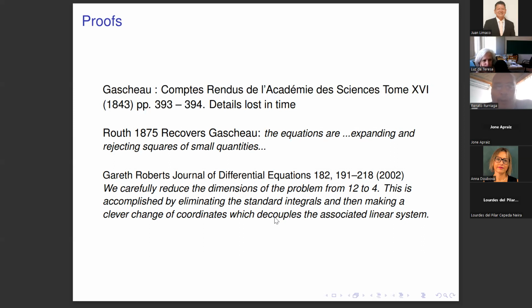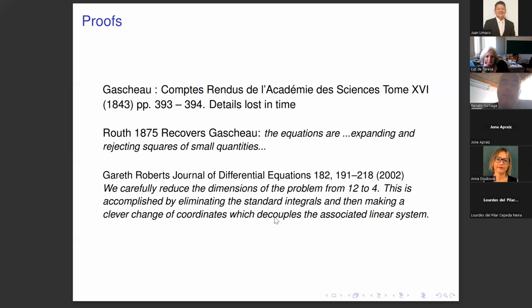We carefully reduce the dimensions of the problem from 12 to 4. This is accomplished by eliminating standard integrals and then making a clever change of coordinates, which decouples the associated linear system. So this word, decouples.